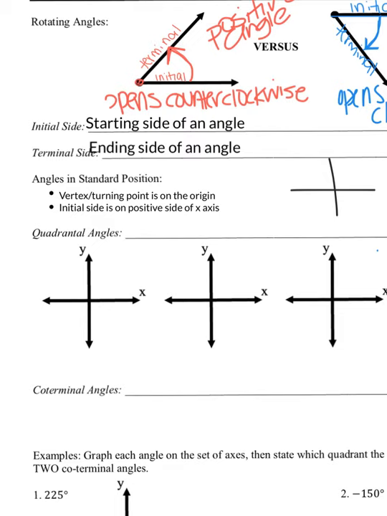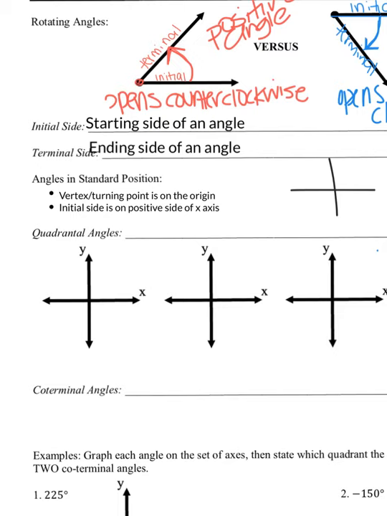The vertex or the turning point is on the origin, right here in the middle. And then the initial side, so where you're starting, is always going to be on the positive side of the x-axis. So it's always going to look like that. And then where you end up is your terminal side. So if you're here, and what direction you go in doesn't matter, okay?